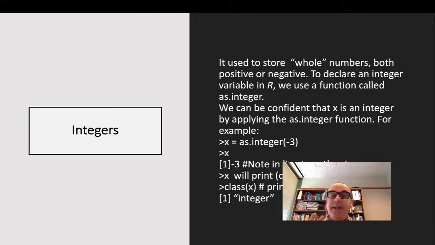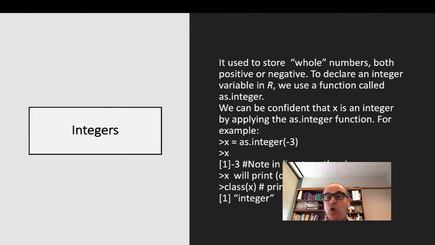The next type of data container is the integer, and it's used to store a whole number, both positive and negative. You have to declare it as an integer in order for it to apply.